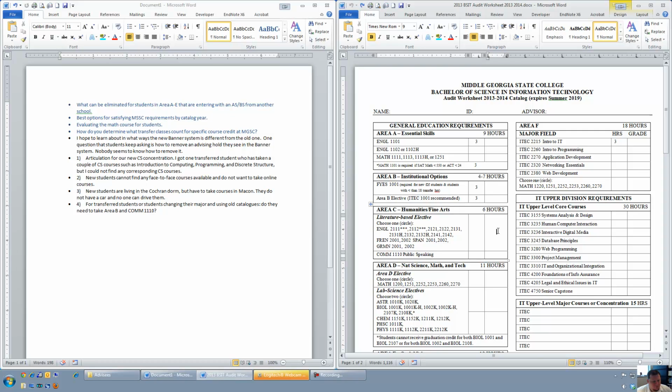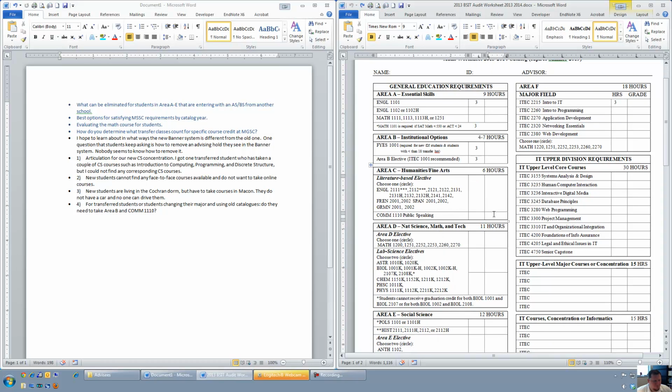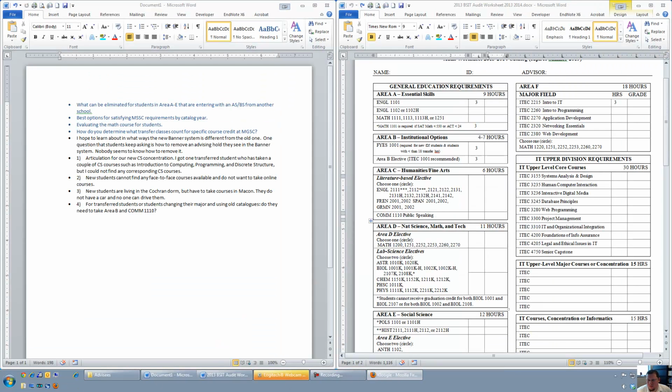Also, there are other options available to have a student catch up or decrease their time to degree. We have the CLEP exams, and on our School of Information Technology website, we have the guide to CLEP. Let me pull that up real quick.